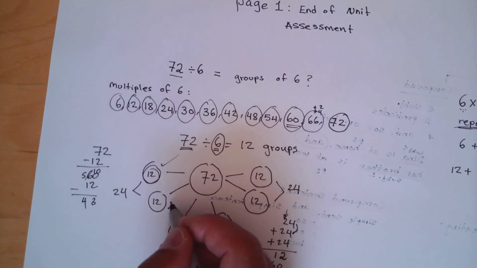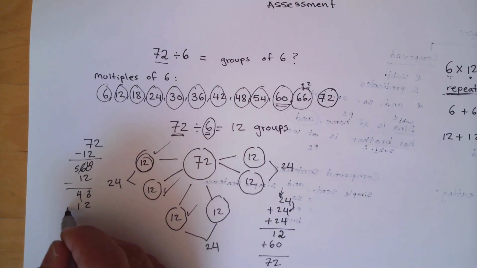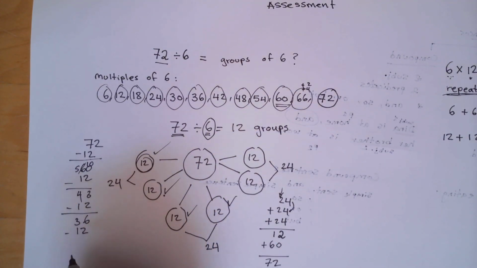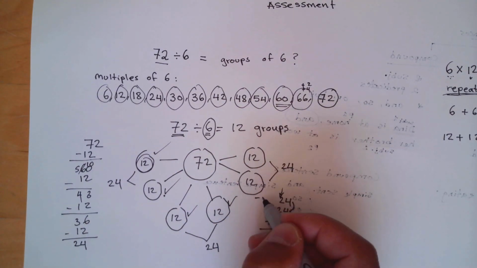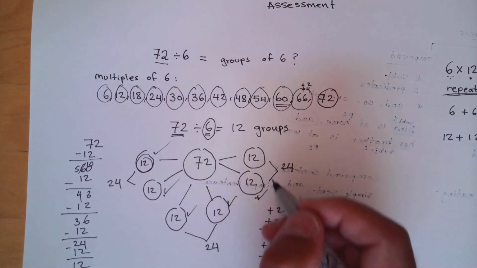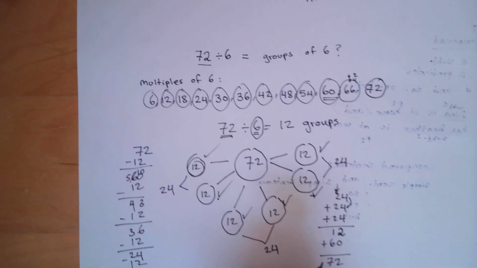That gives us 48. And if I take another 12 from my 48, that gives me 36. And if I take another 12, that gives me 24. And if I take another 12, that gives me 12. And if I take another 12, that leaves me with nothing, right?